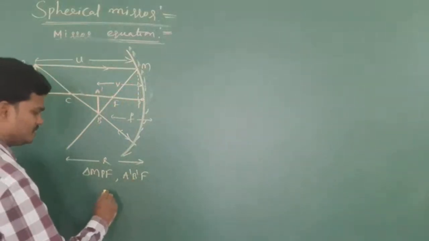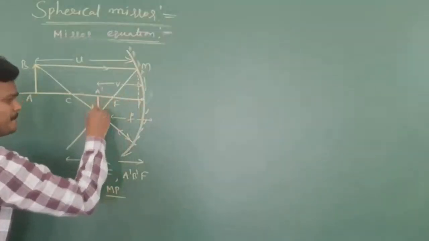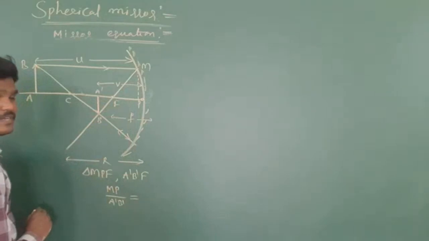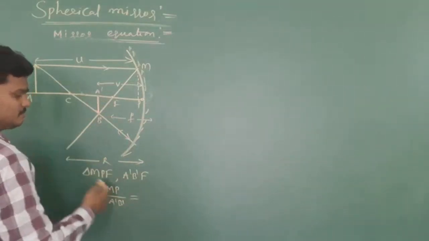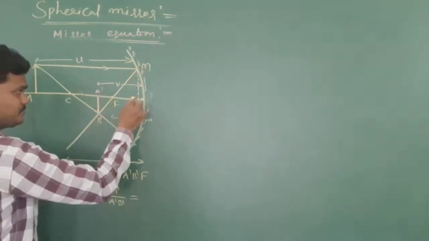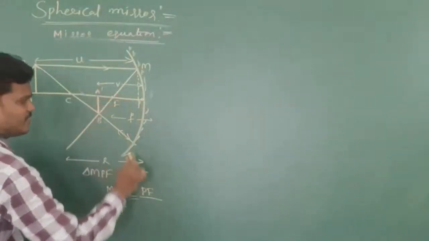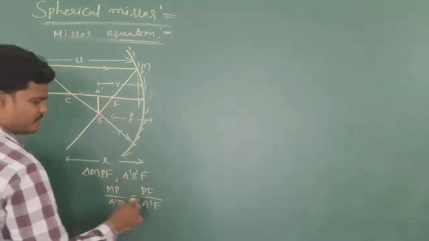So MP by A dash B dash, height by height, base by base, so MP by A dash B dash equals PF by A dash F. Okay, so I got one equation.